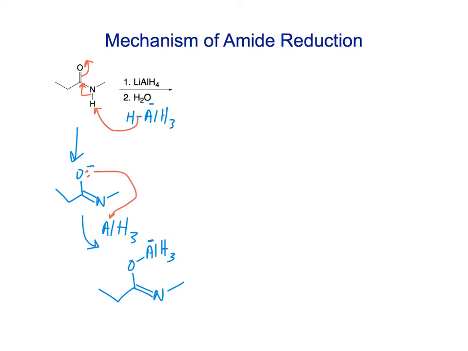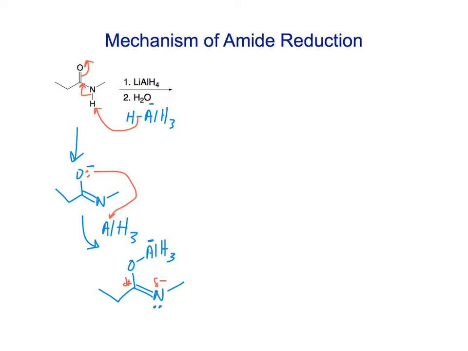Okay, and so this carbon-nitrogen double bond has a lot of the same properties and reactivities of a carbon-oxygen double bond, right? It's still going to be delta minus on the nitrogen and delta plus on the carbon.